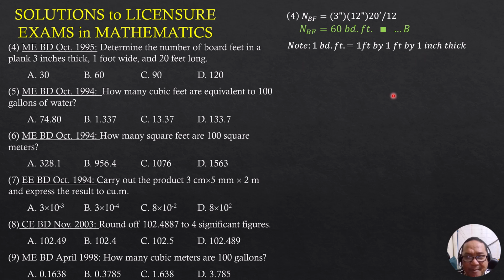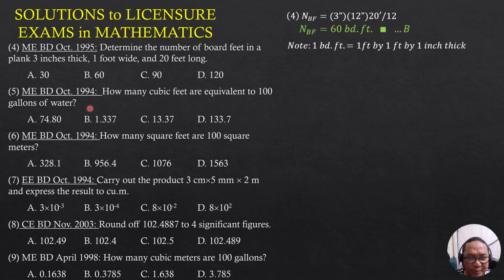Again, how much will you pay for 4 planks measuring 2 inches by 6 inches by 10 feet if one board foot is 20 pesos? And I want you to answer that, and the answer is 800 pesos. So again, the answer is 800 pesos for that problem.